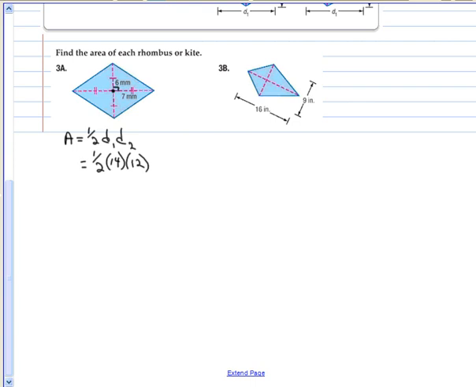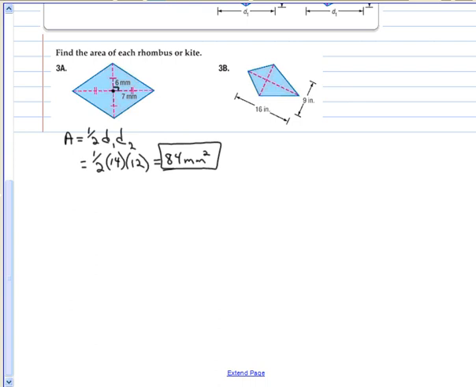So 6 and 6 make a total of 12. 7 and 7 make a total of 14. Half of 14 is 7. 7 times 12, how much do you get? 84 millimeters squared.